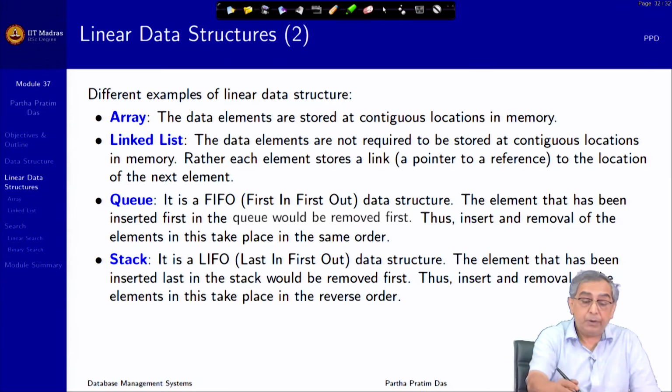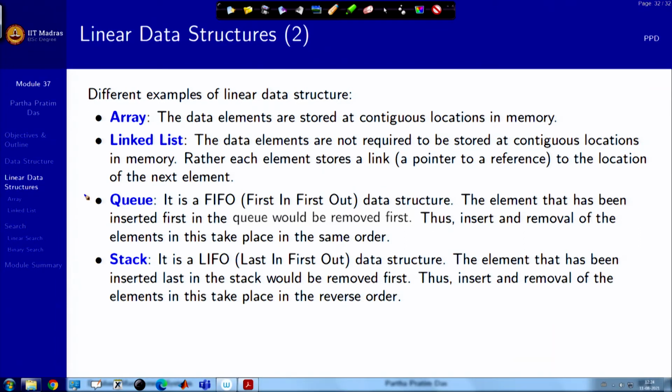Now, when we talk about other data structures like queue and stack, we will first talk about the operations. So, what are the operations here? Let us say, what are the operations in an array? I can create an array, I can insert an element in the array, I can delete an element from the array, I can search for an element in the array.